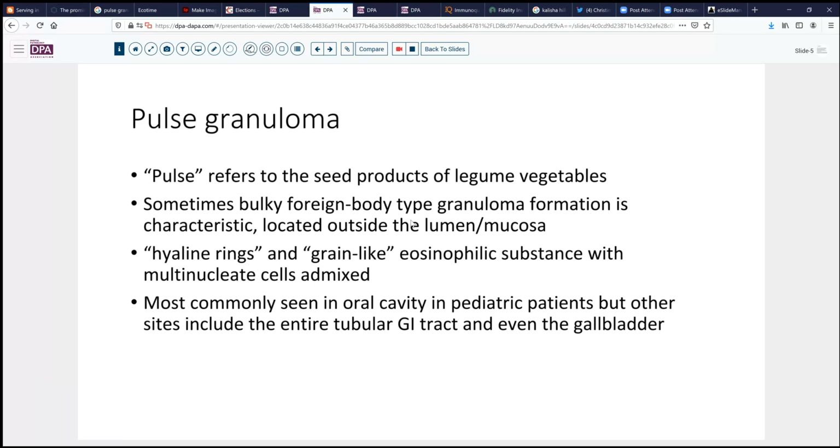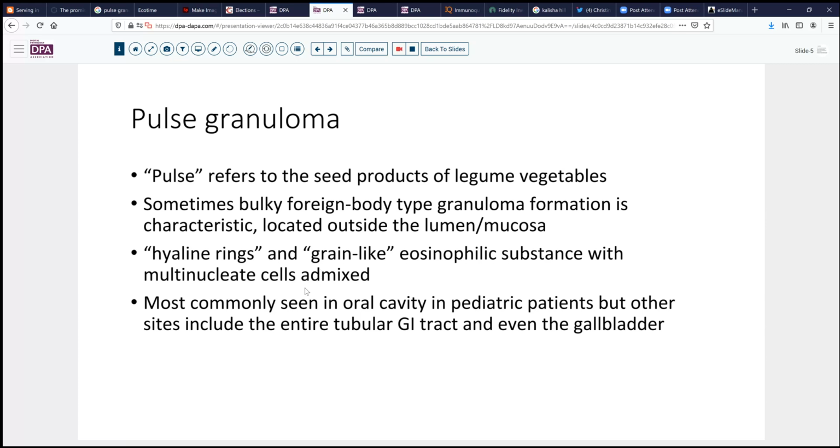And these are sometimes bulky foreign body type granulomata that is characteristic, and it's located outside of the lumen or deep to the mucosa. It's not actually within the surface. In some descriptions, these are described as hyaline rings or grain-like eosinophilic substance that has multinucleate cells admixed, usually encasing, but sometimes even within the middle.